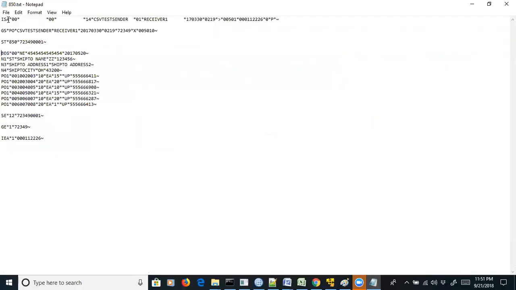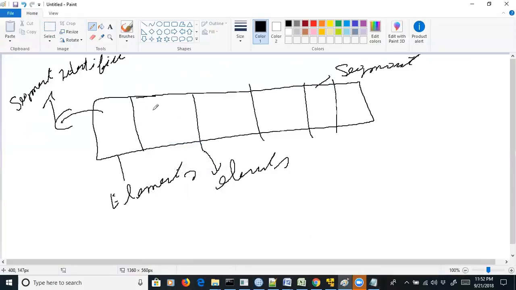So ISA is the segment identifier for this segment, GS is the segment identifier for this segment, BEG is the segment identifier for this record. Then you have other elements, which are the information part of your segment.